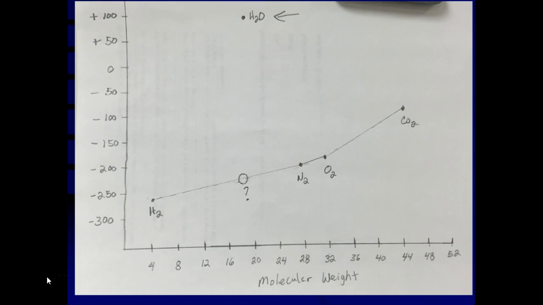Because water is sticky, because it forms hydrogen bonds, it's much more difficult for the water molecule to break free. When we say something becomes a gas, what we mean is that an individual molecule has broken free. Now remember, water is held by 4 other water molecules.